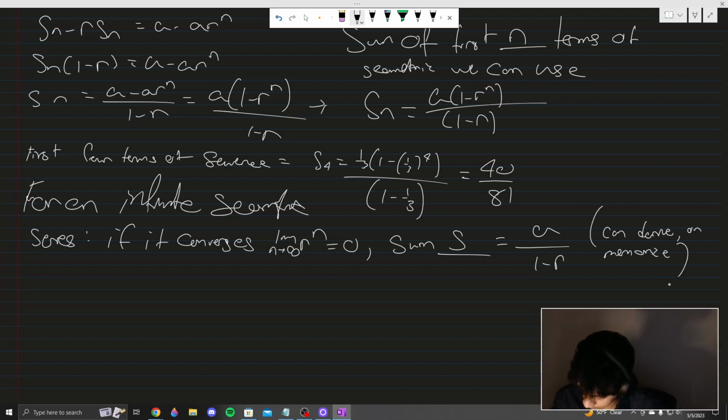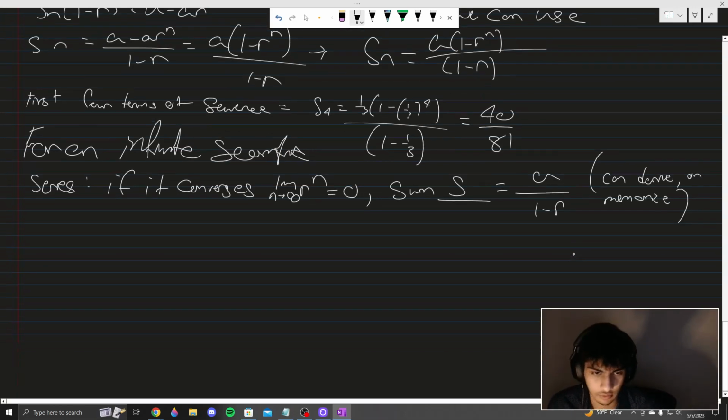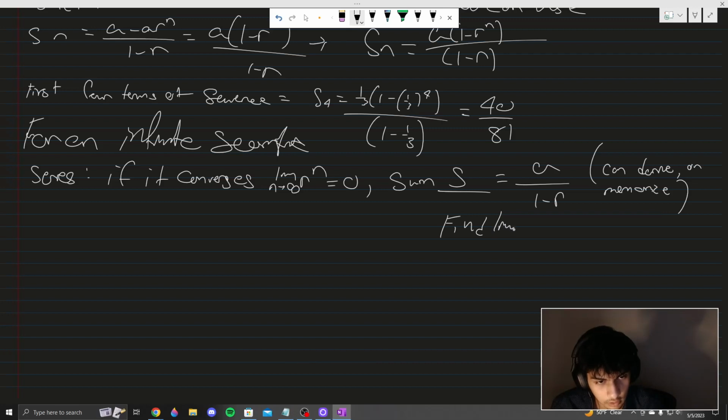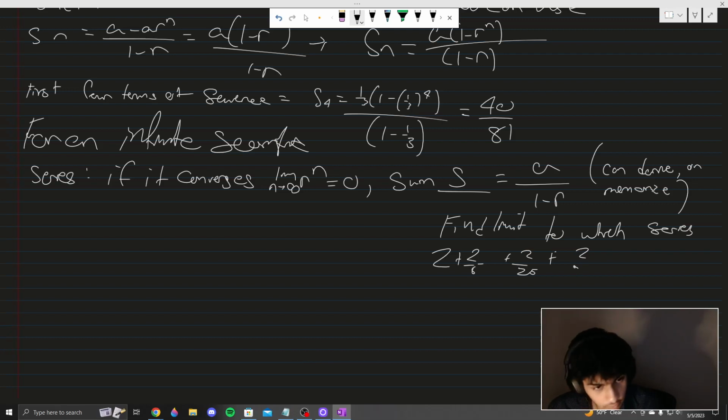Okay. So as a quick example, I'll just do this one really quickly. Find the limit to which the series 2 plus 2 over 5 plus 2 over 25 plus 2 over 125 converges.